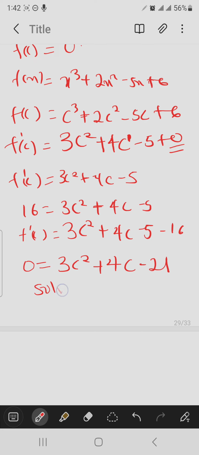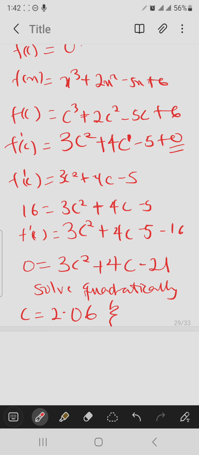When you solve quadratically, the value of your c will be equal to 2.06 and minus 3.395. Those are the two values.